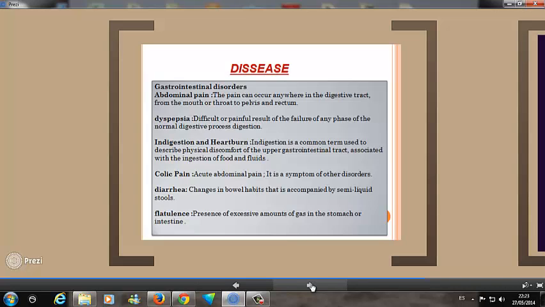It is a symptom of other disorders. Diarrhea. Change in bowel habits that is accompanied by semi-liquid stools. Flatulence. Presence of excessive amounts of gas in the stomach or intestine.